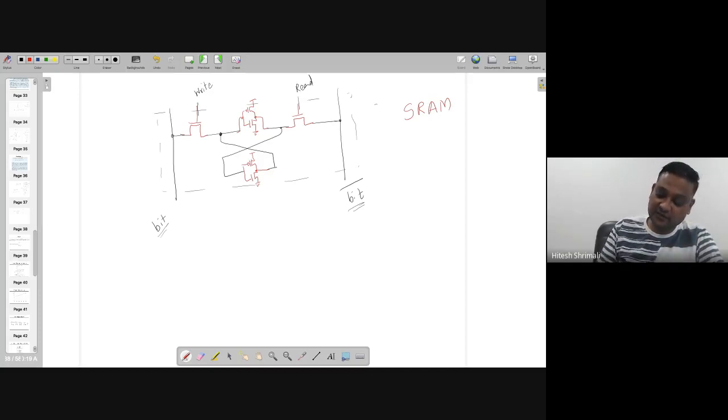That's why the name of this SRAM cell is 6T SRAM, and many such cells will be there to make the memory.